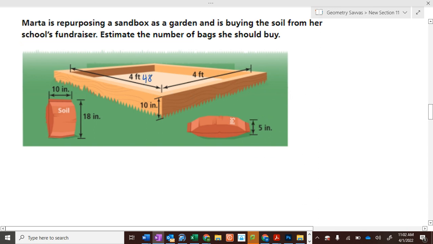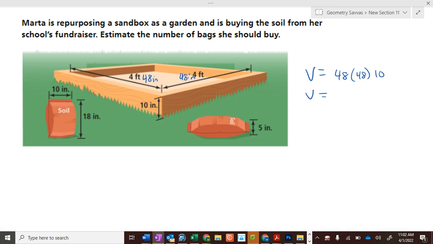So this is 48 inches by 48 inches by 10 inches. So the volume of this is the area of the base, 48 by 48, by the height, which is 10. Calculator, please. Because it's 4 feet. If it's 4 feet, how many inches is that? 48 inches.